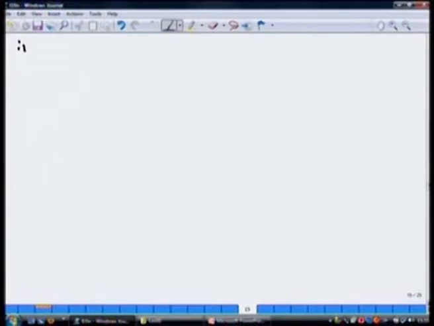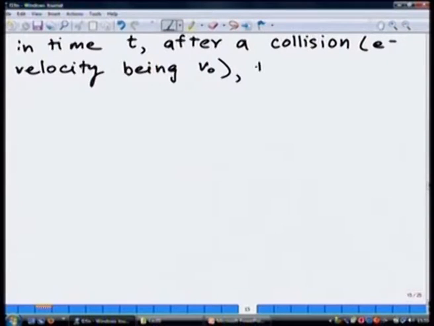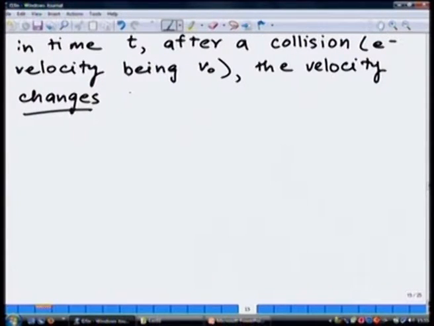Therefore, in time t, after a collision, the velocity changes from v0 by an amount equal to what?